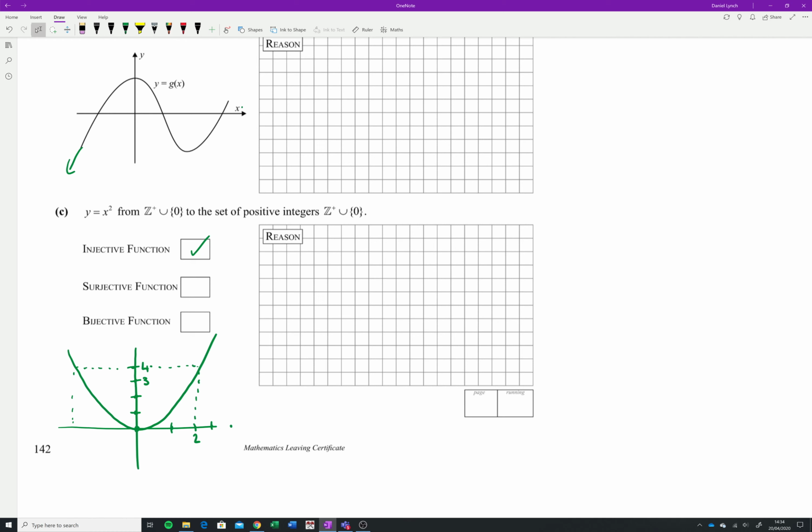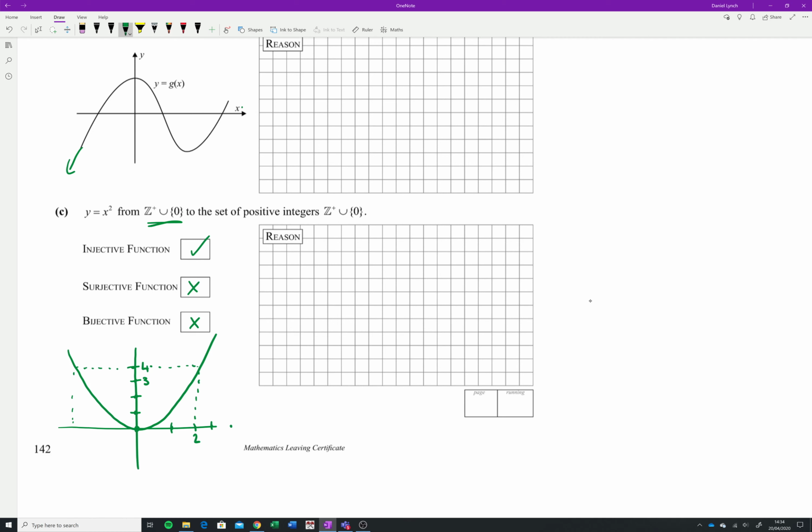Every positive whole number has to be covered. 3 is not covered. It is covered by √3, but it's not covered by the whole positive numbers we're looking for here. So actually this thing is not surjective. Not every y value is covered, and because it's not both things, it's not bijective.